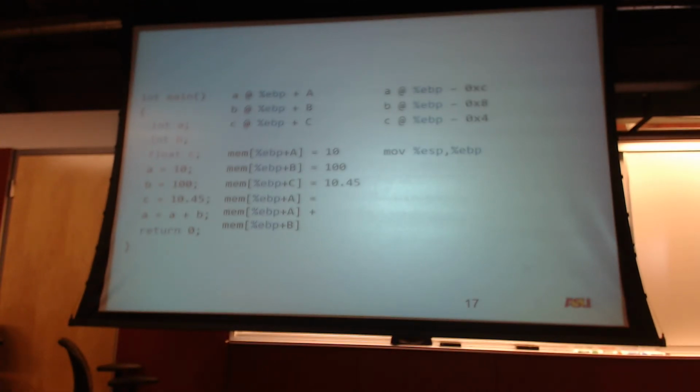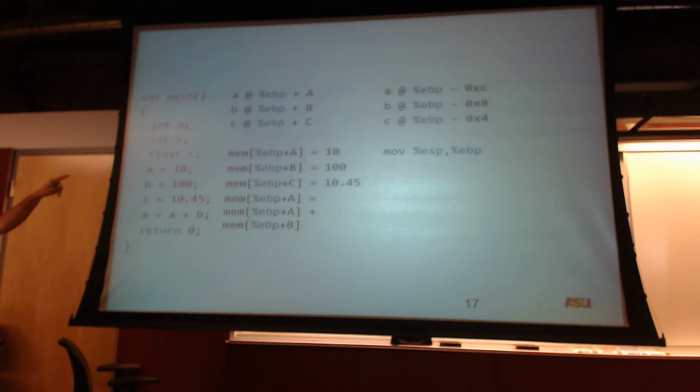So first you move the stack pointer into the base pointer. So what was the stack pointer initially? We didn't really change the stack pointer, when we didn't push yet.